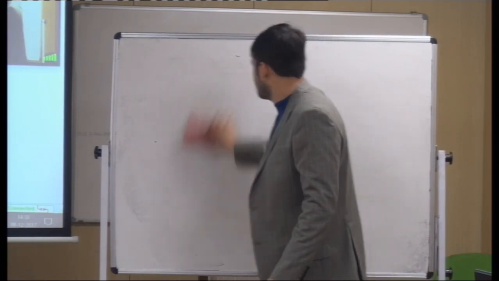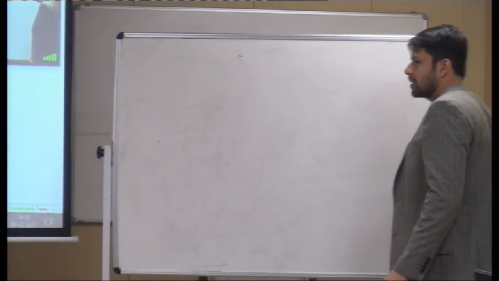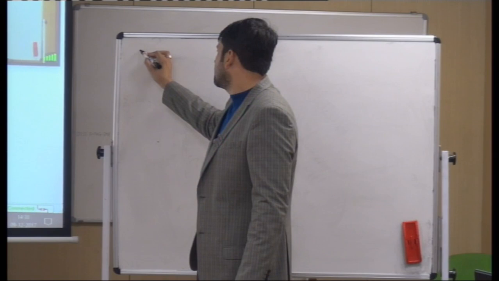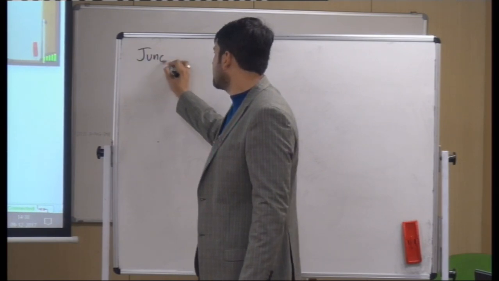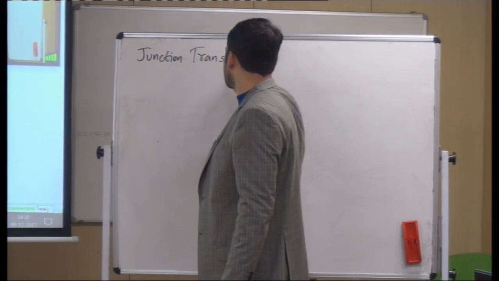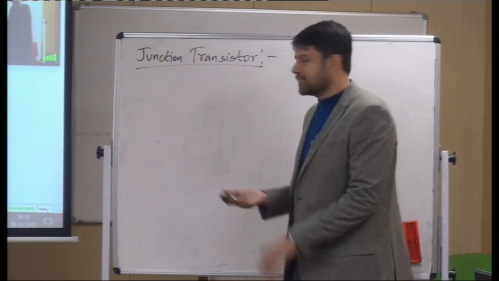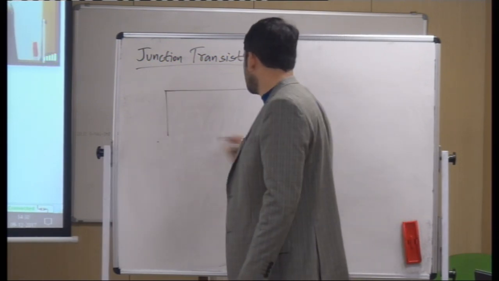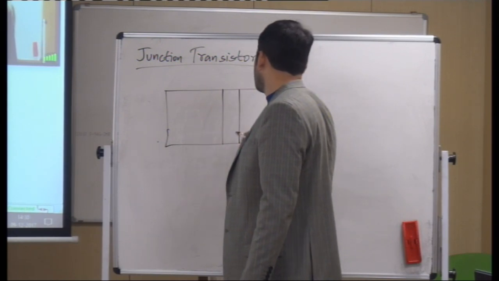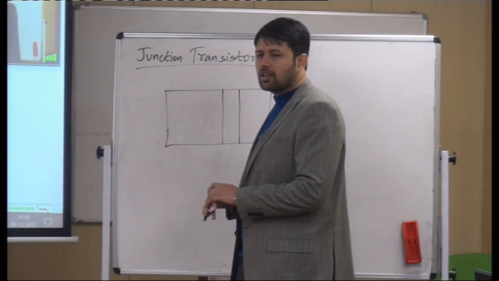Now it's time for the 3-layer device called the transistor. We call it a junction transistor or simply transistor. It is a 3-layer device in which the middle layer is made thin while the 2 outer layers are thicker but not of equal size.